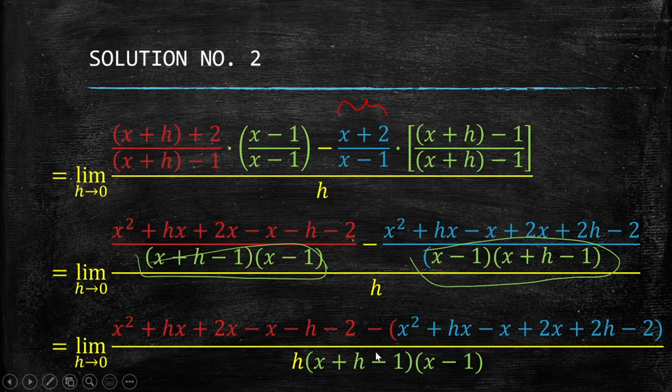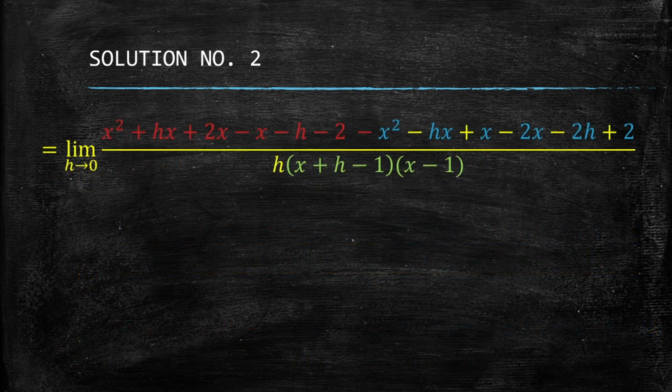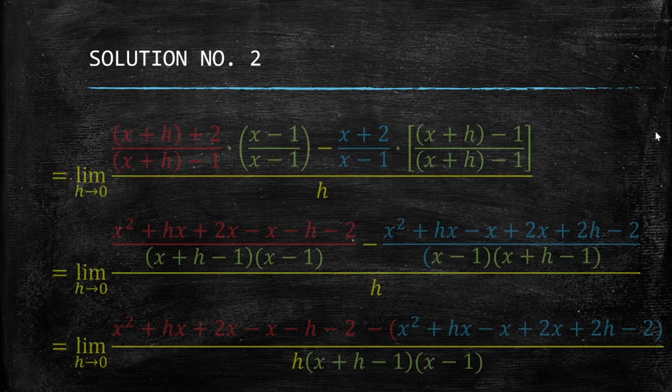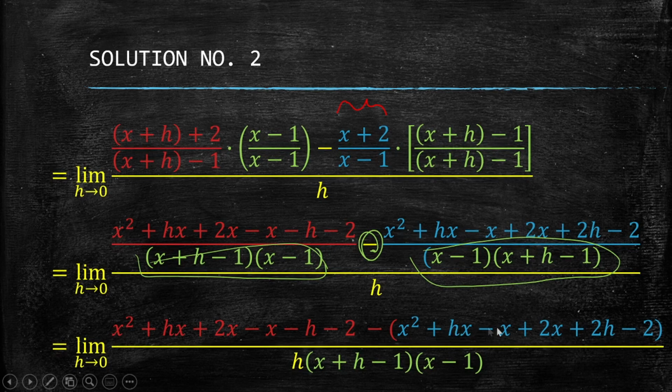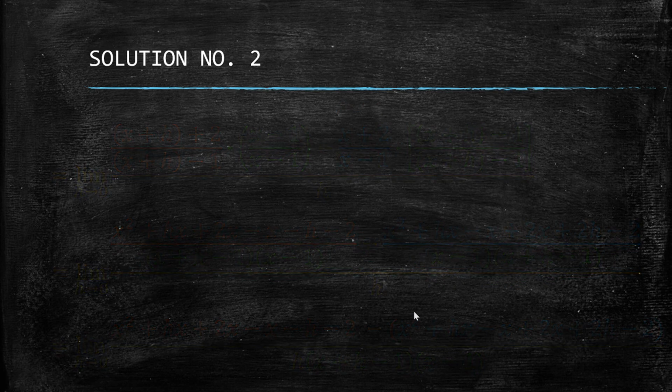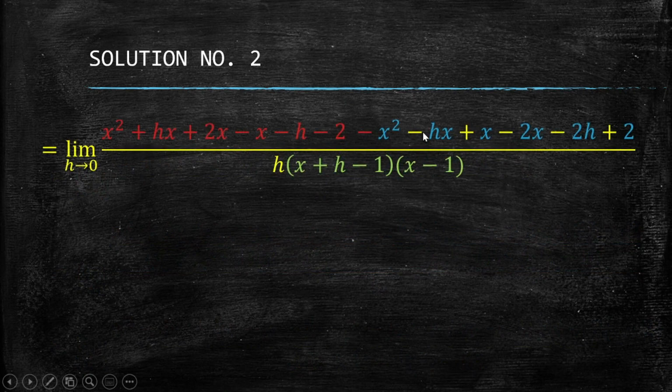Okay, and then we have minus here. Take note, this is minus. So we have the grouping symbol because we are subtracting the entire group. Then we take out the grouping symbol and change the signs. Take note, we have plus, minus, plus, plus, minus in the second term. Now we have minus, plus, minus, minus, plus. So the signs changed because we distributed the negative sign.